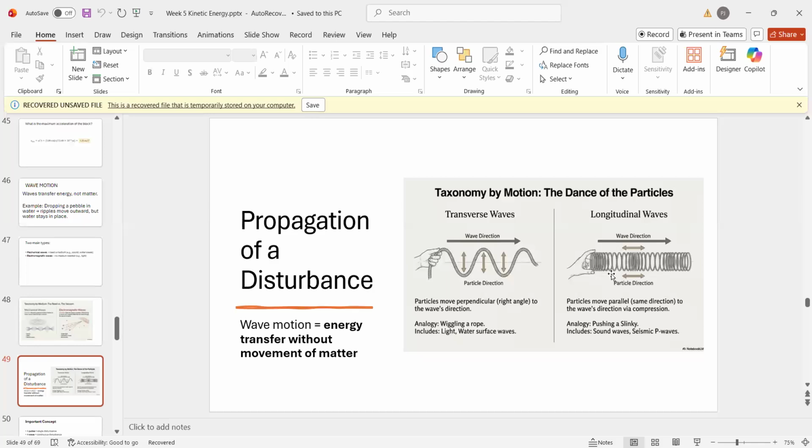So sound waves, seismic waves, the primary waves, the P waves, all these things are longitudinal waves. But when we talk about transverse waves, we are talking about light and water surface waves. When you drop a marble in the water, the surface waves are transverse waves. That's what we call them, transverse.